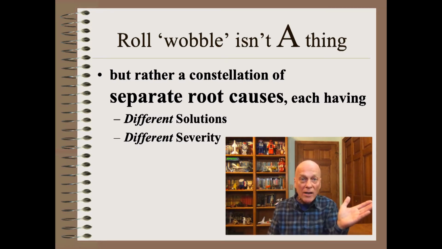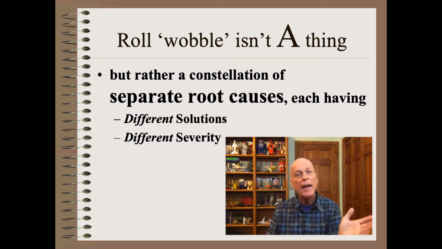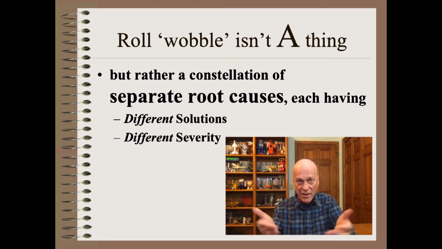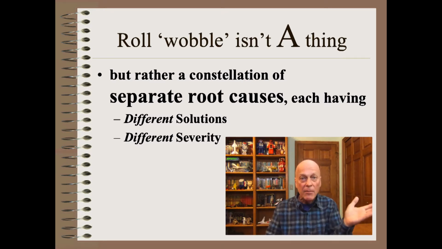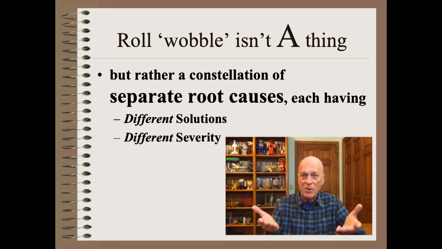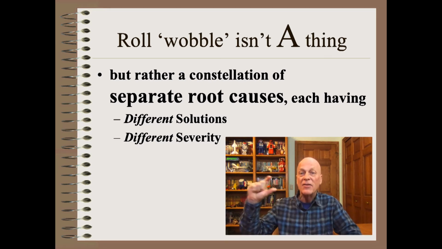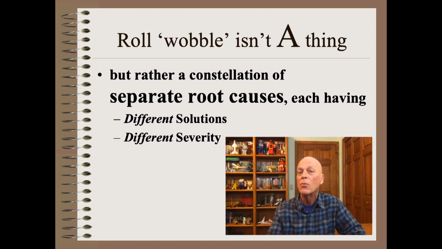Each root cause has a different severity in any specific case. Thus, cause A may be biggest for your machine, and cause B may be biggest for your competitor's machine, and cause C may be biggest for your customer's machine. We will show how to measure the size of each after we've introduced the root cause mechanics.